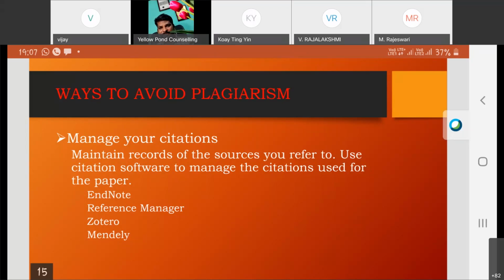Whenever we are going to write a research paper, first we need to set which kind of citation or referencing style we have to use. Without clearing the referencing style, we cannot write our research article in a good manner, we know very well. Sir, can you please move to the next slide, sir?